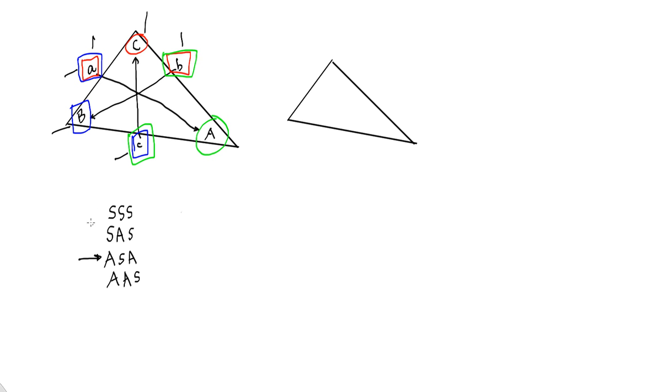So just as an example, using this triangle above here, if I had angle B and angle A with side C, which is the side right between them, that's this situation that I'm talking about. Angle, angle, side would mean two angles and the side that's not between them. A side that isn't between them.